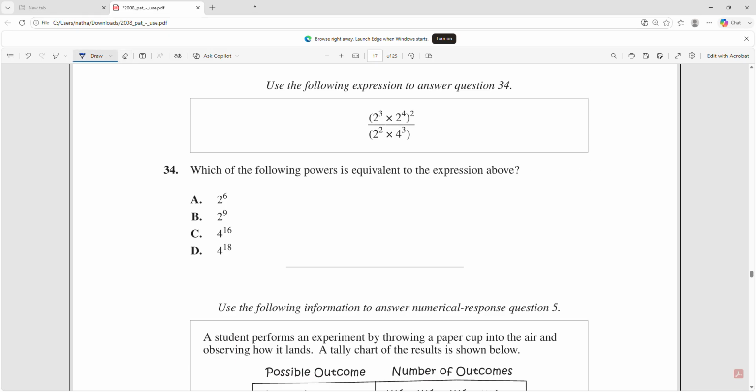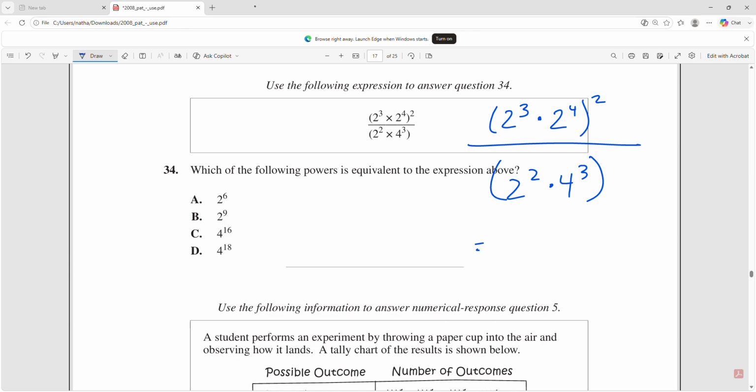So on the top, I've got 2 to the 3 times 2 to the 4, all of that squared, over 2 to the 2 times 4 to the 3. All right, so let's see. We've got here 2 cubed.